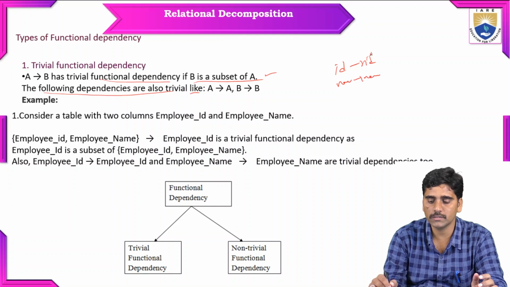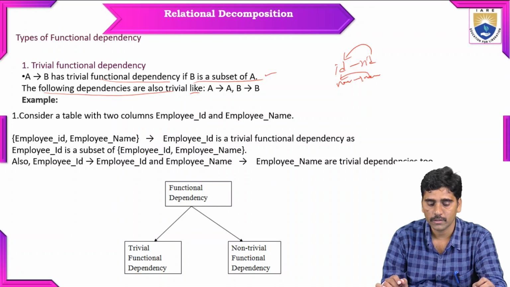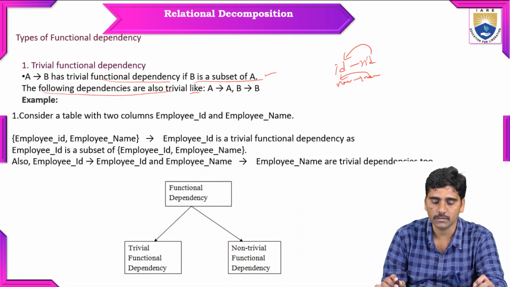So that means ID is depending on ID and name is depending on name. So that means it is a trivial functional dependency, and here B is a subset of A.